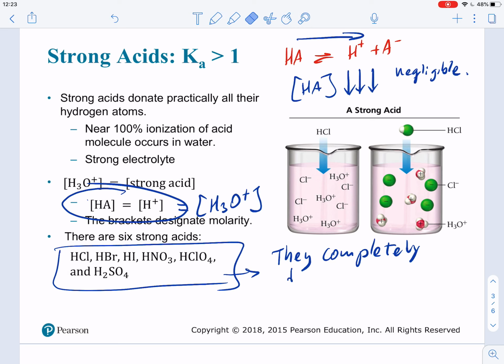Let me rephrase that. They completely ionize in water. And what that means, if they completely ionize, is that there is no equilibrium.